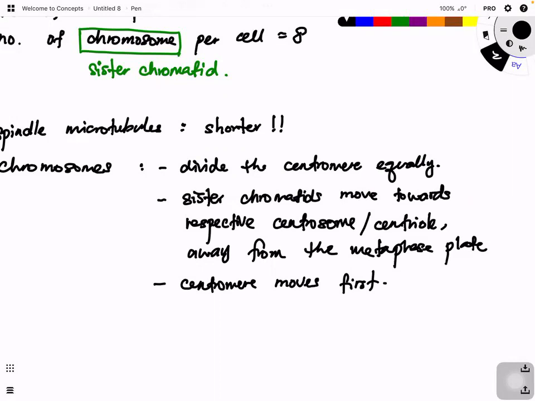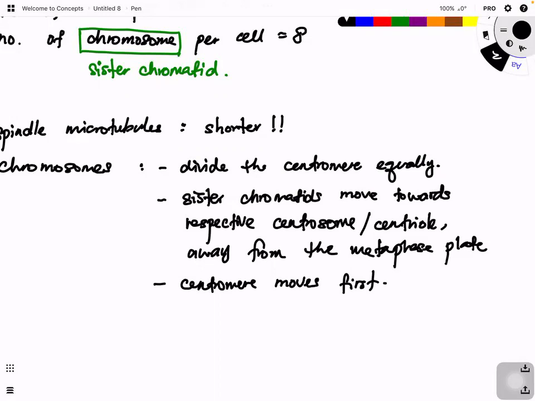During metaphase, they align at the metaphase plate. What happens with the shortening of the spindle microtubule? It divides the centromere equally. But when they move, because it's cytoplasm and not air, the cytoplasm has resistance. So when I move towards the centrosome, because of the resistance, you can see that the centromere moves first.